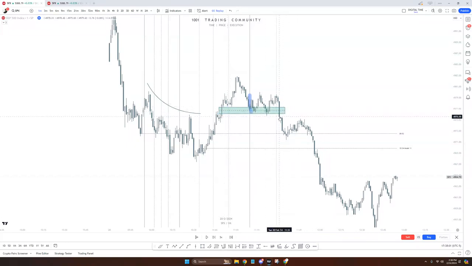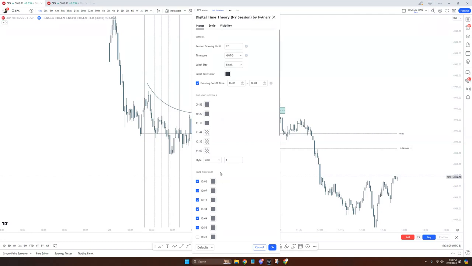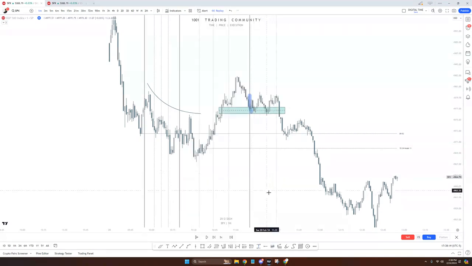Once it closes below, past this inner interval for model 110, different model here, let's solidify these lines a bit more just to make it a bit more clear as to what the intervals are. There we go. And at that point, we can expect a reversal, so we're not going to see that continuation towards buy side.